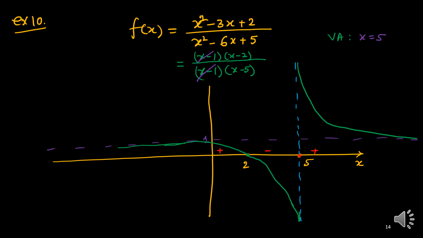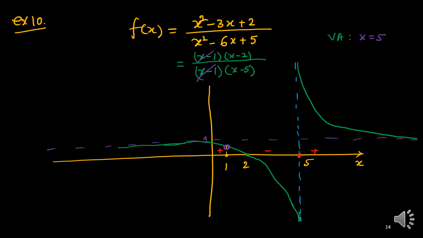But here is one issue. At x equal to 1, it is cancelled out. So there is a point at x equal to 1. That time this function is not defined at x equal to 1. So I need to put one mark here to indicate that it does not exist. So at this point there is a hole at x equal to 1.